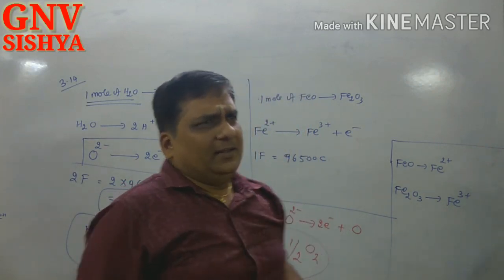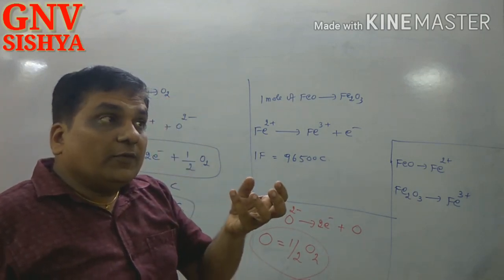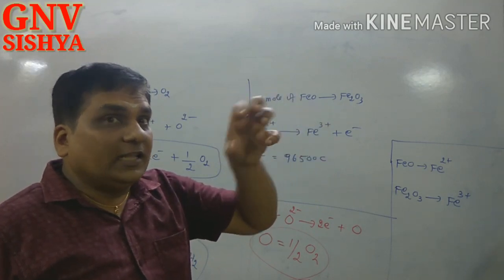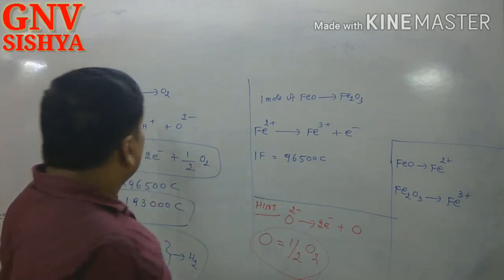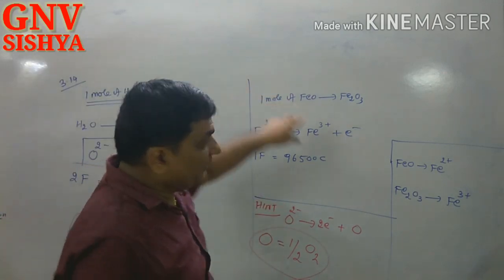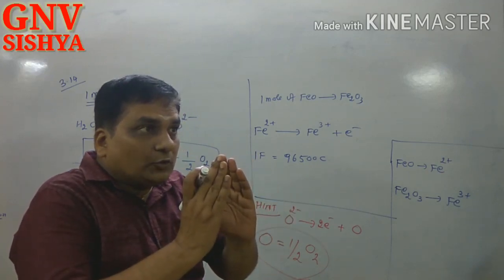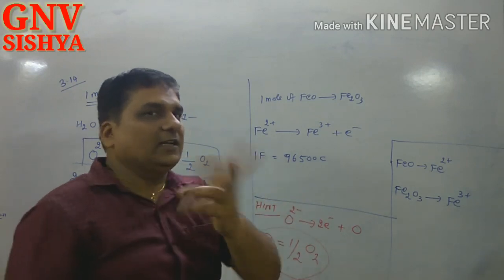So remember, this is the product, correct? We want to find out the quantity of electricity required to convert 1 mole of water, 1 mole of FeO, correct? So we need to ascertain the quantity of electricity only for the reactant side, not the product side.